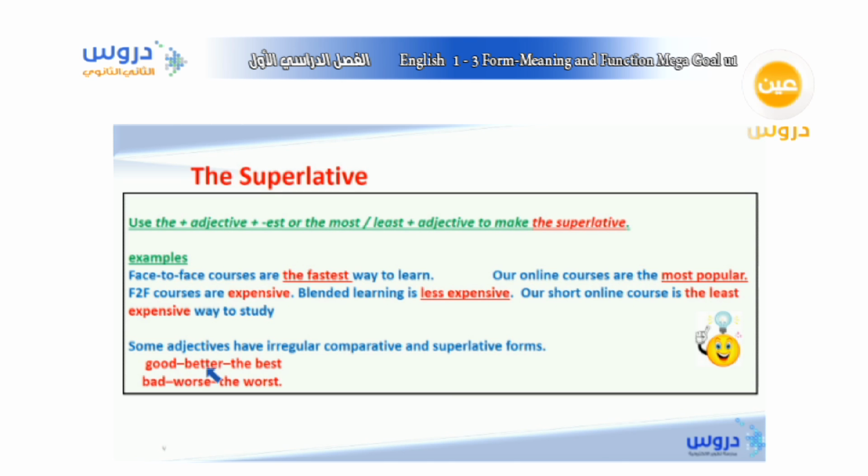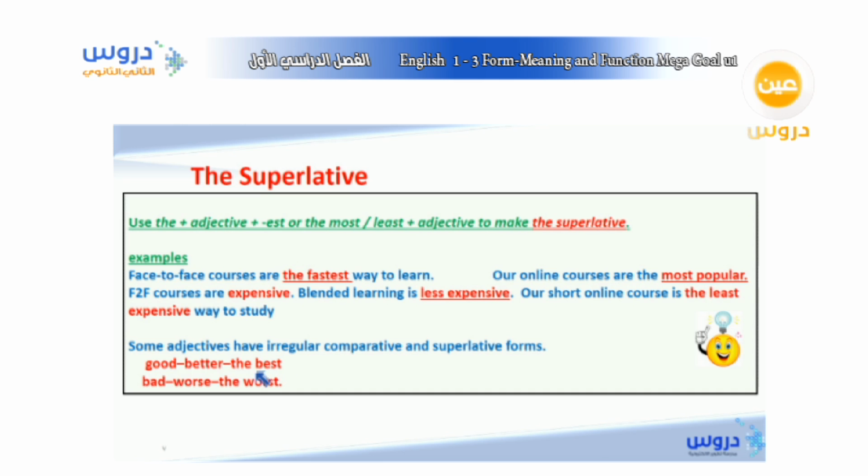Ahmed is better than Muhammad. Good students are better than lazy students. Saudi club is better than Brazilian club, etc. And if you want to talk about more than two things, we will use the superlative. We use the best.